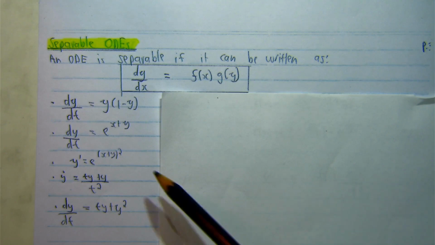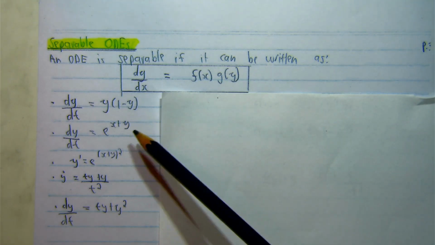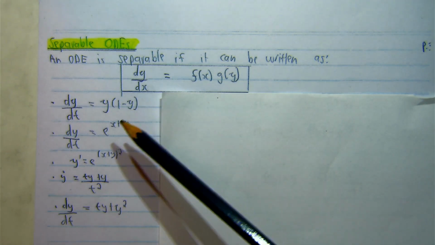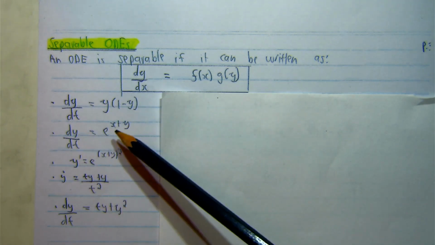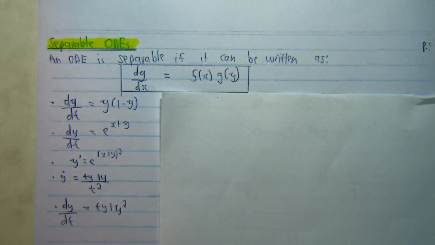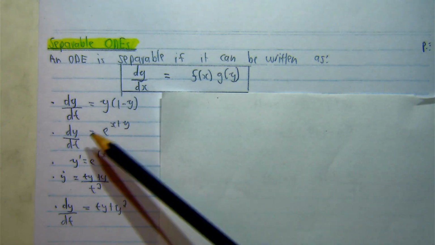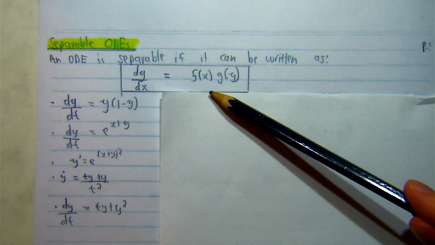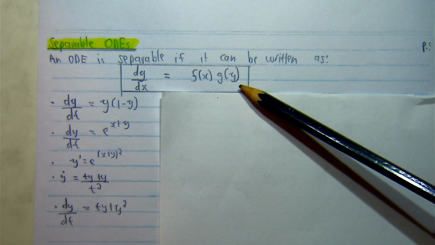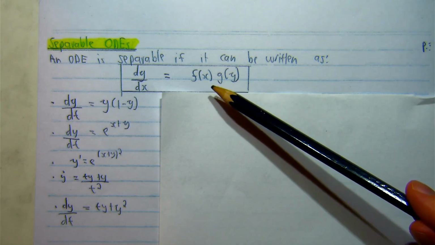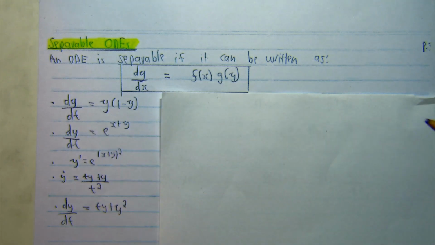Alright, so let's take a look at some examples of ODEs and determine whether they are or are not a separable ODE. So function number one, dy/dt is equal to y multiplied by 1 minus y. And the question is, is this separable? We've already got on the left-hand side our derivative, and on the right-hand side we need to think, can we represent this as a multiplication of the variable of interest, y, and then the variable that the function depends upon, which in this case is t.